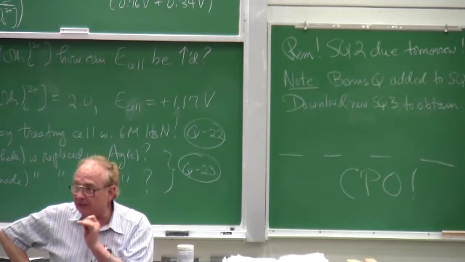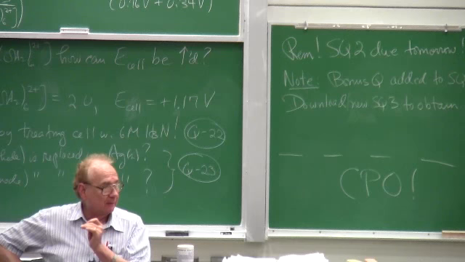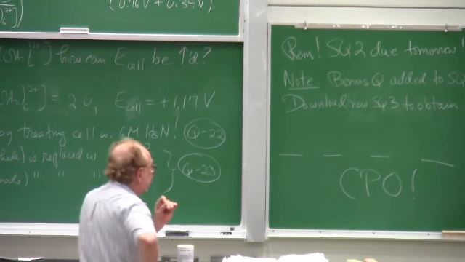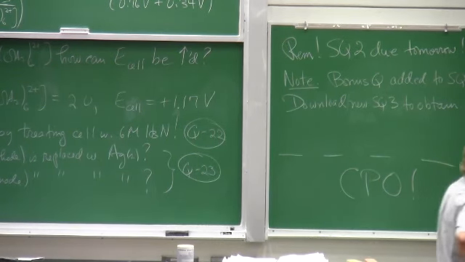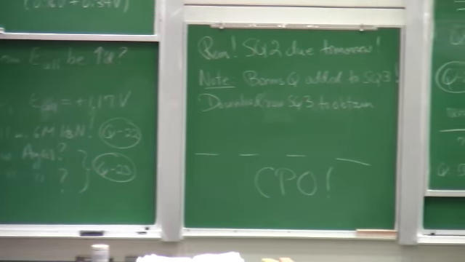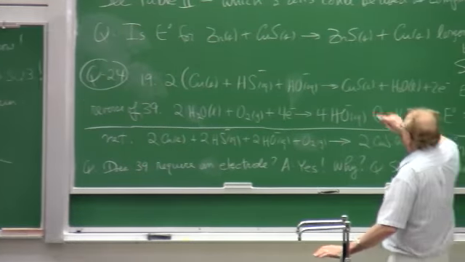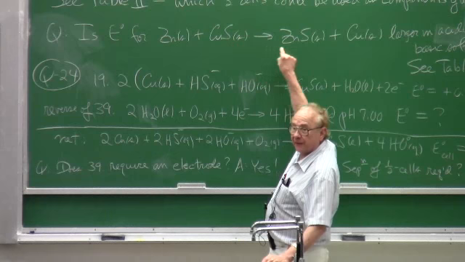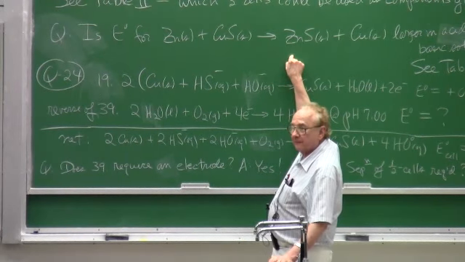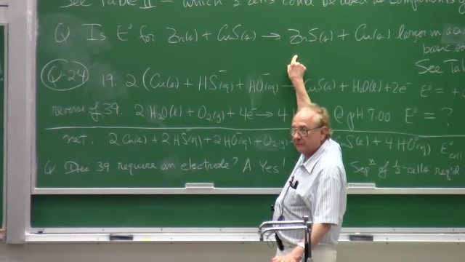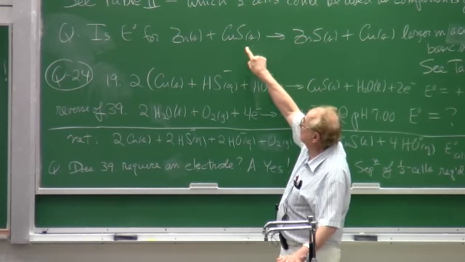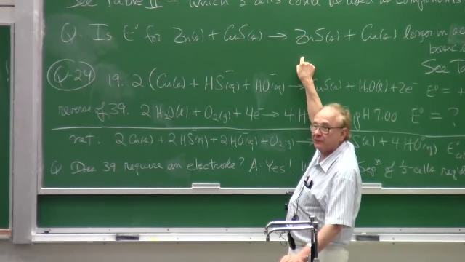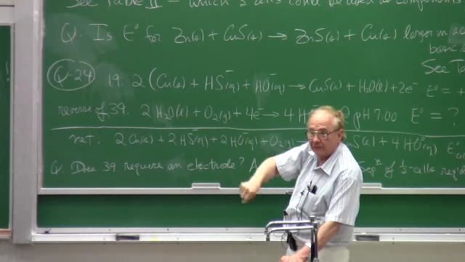So what we really need to know is how the stabilities of these two materials compare in strongly acidic solution relative to how the stabilities of these two materials compare in strongly basic solution. That we have in the table.